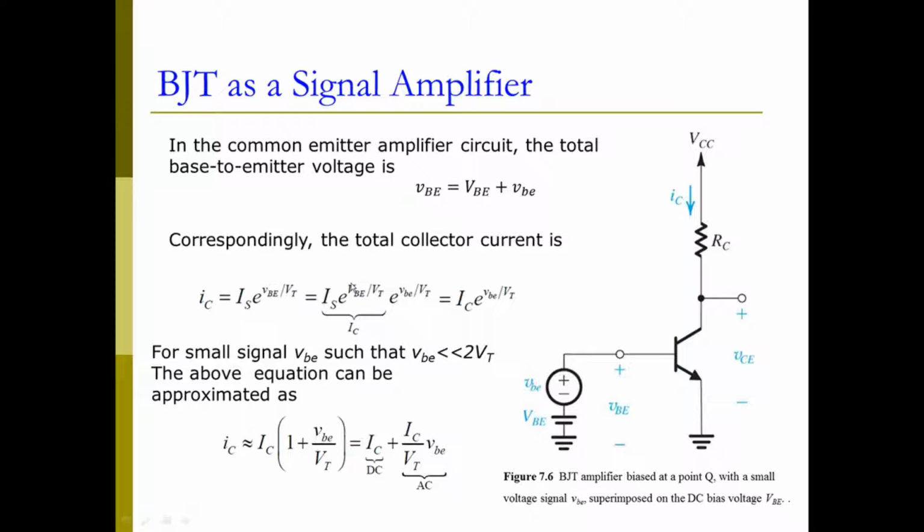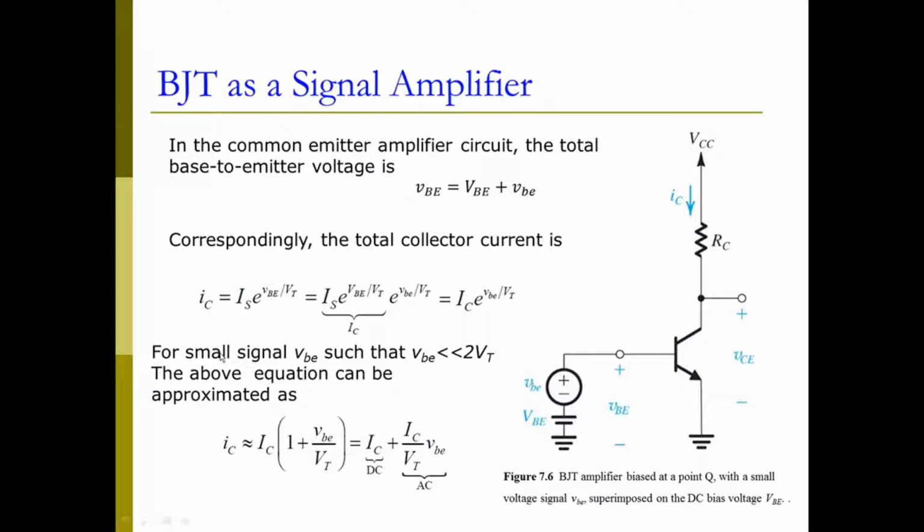For example, here is only VBE, and IS is the saturation current. So this is a constant, which is the DC collector current. If we write this term as our capital IC plus this AC term, we get our total current at the collector side.